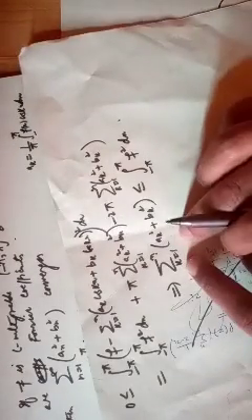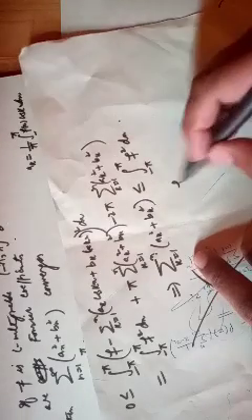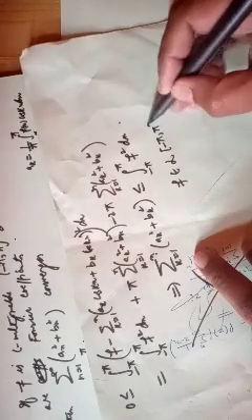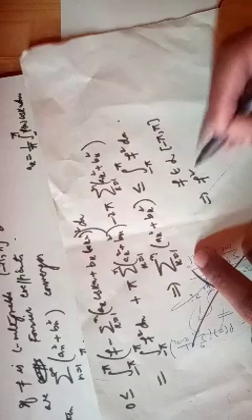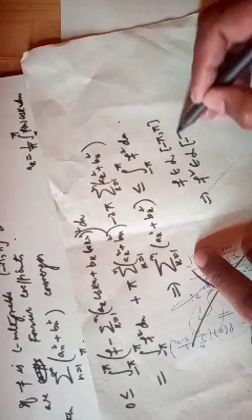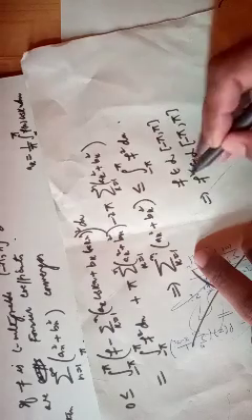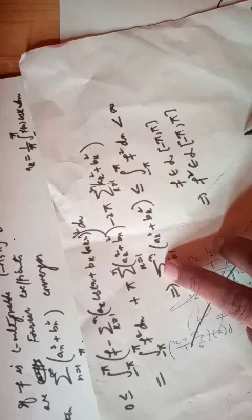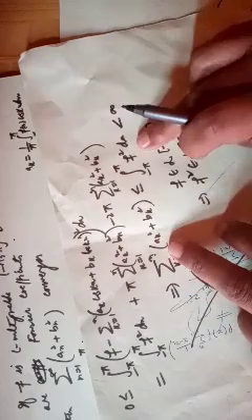Now this is true for all n, and since f belongs to the Lebesgue integrable functions on minus pi to pi, it implies that f square also belongs to the Lebesgue integrable functions, which means this would be less than infinity, whatever the n. So it would be a finite thing.